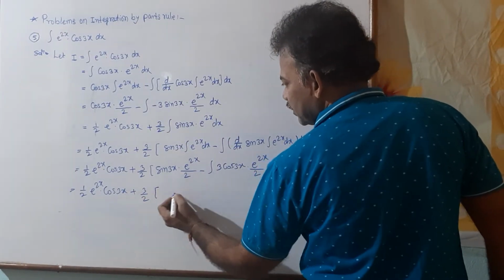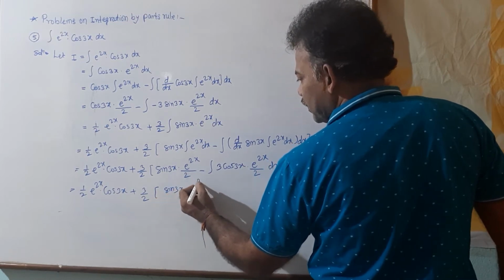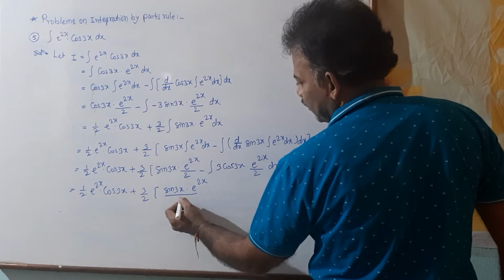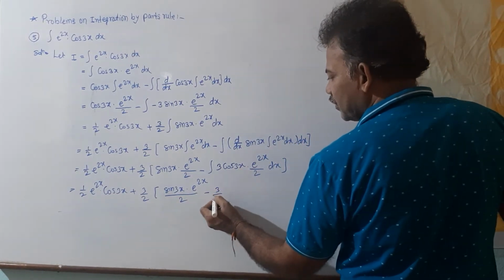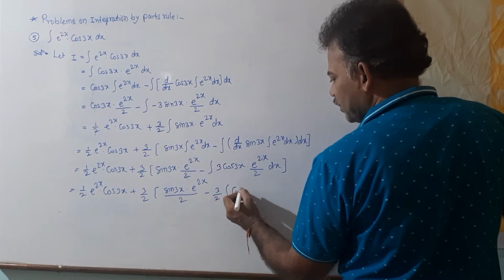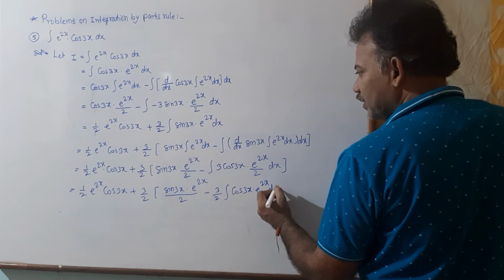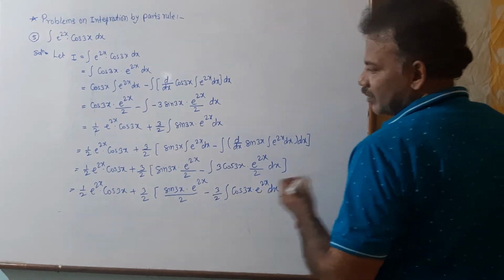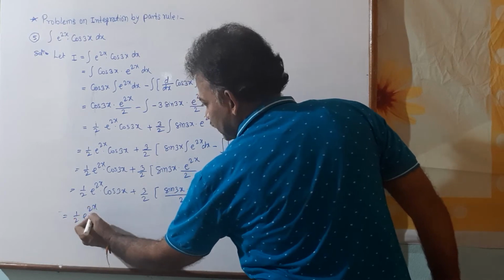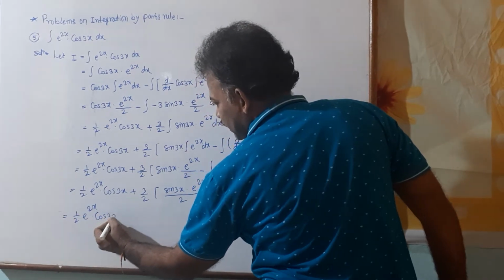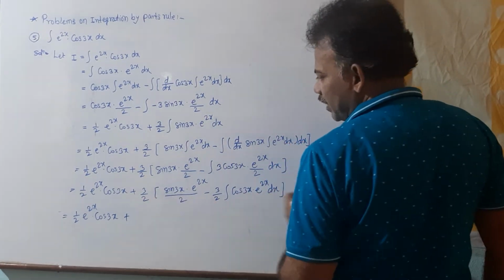in bracket sin 3x into e to the power 2x divided by 2, minus sign, the constant 3 by 2 take outside, integration cos 3x into e to the power 2x dx. So it is equal to 1 by 2 e to the power 2x into cos 3x plus, multiply 3 by 2 to this bracket.